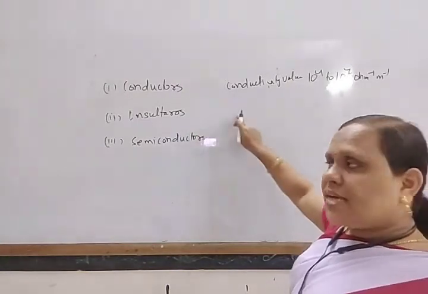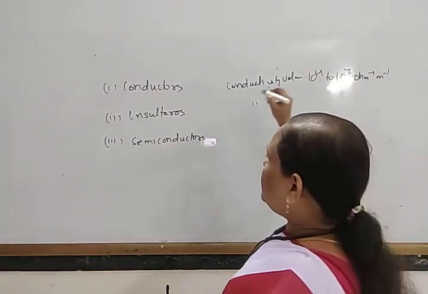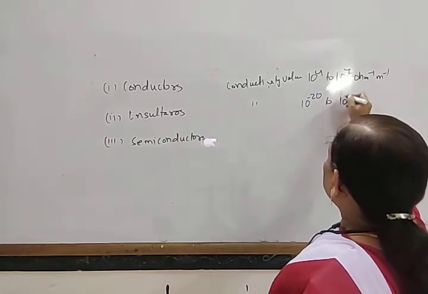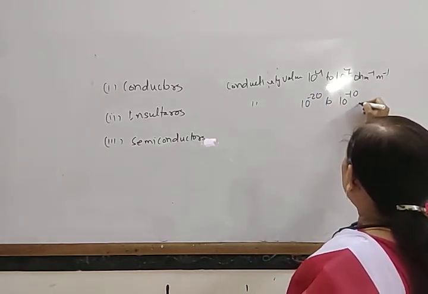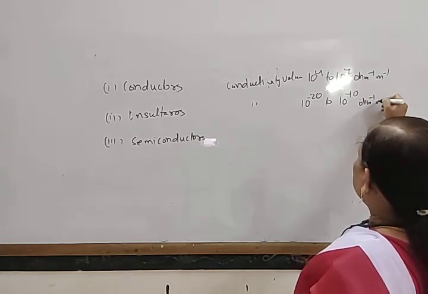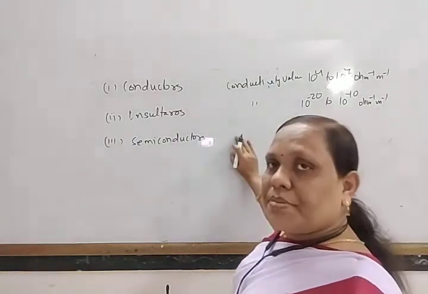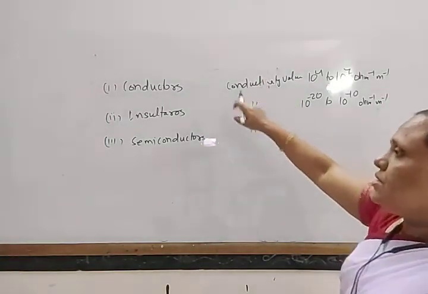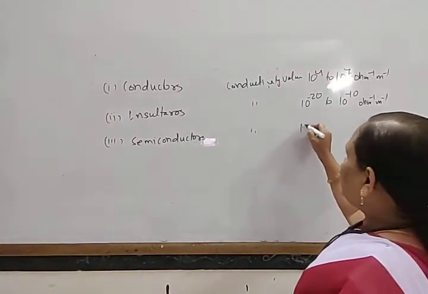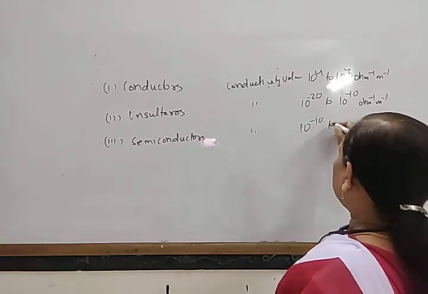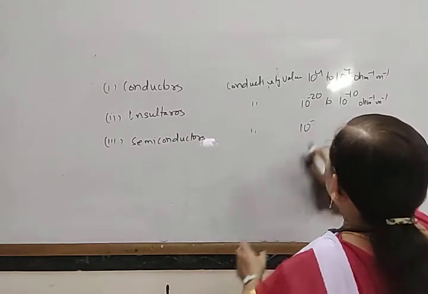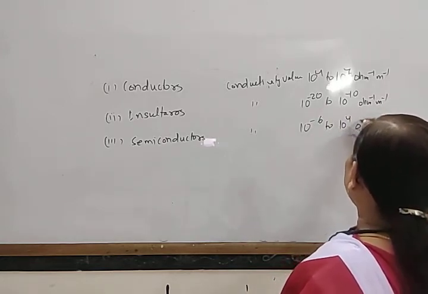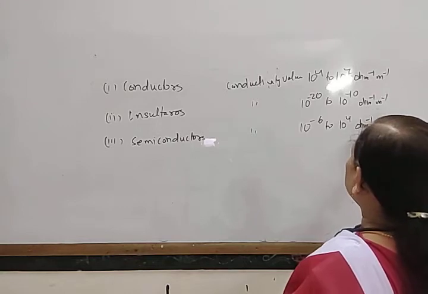And insulators are the substances whose conductivity is 10 to the power minus 20 to 10 to the power minus 10 ohm inverse meter inverse. And semiconductors are the substances whose conductivity is in between these two, that is, 10 to the power minus 6 to 10 to the power 4 ohm inverse meter inverse.